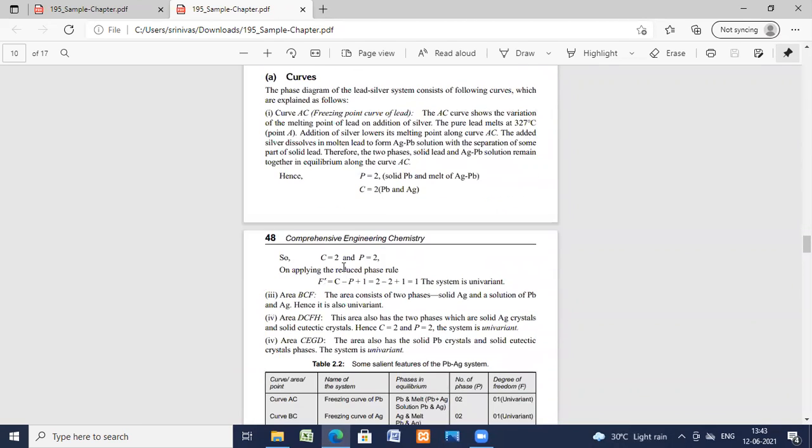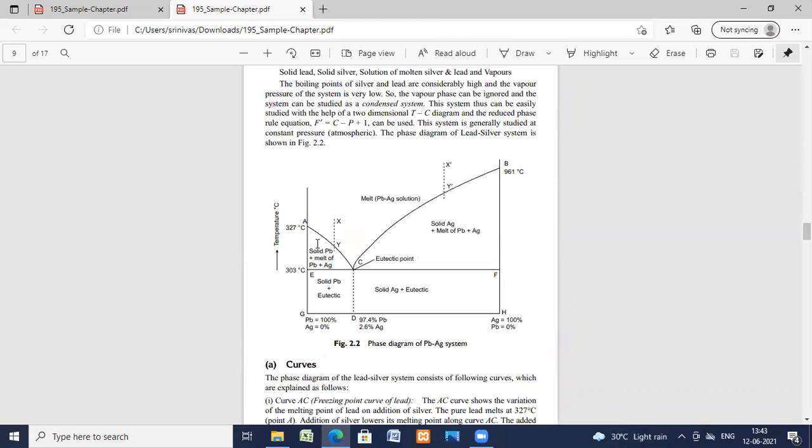Just like BCF, even for ACE, C is 2, P is 2. So F is equal to 2 minus 2 plus 1, 1. This is a univariate system.